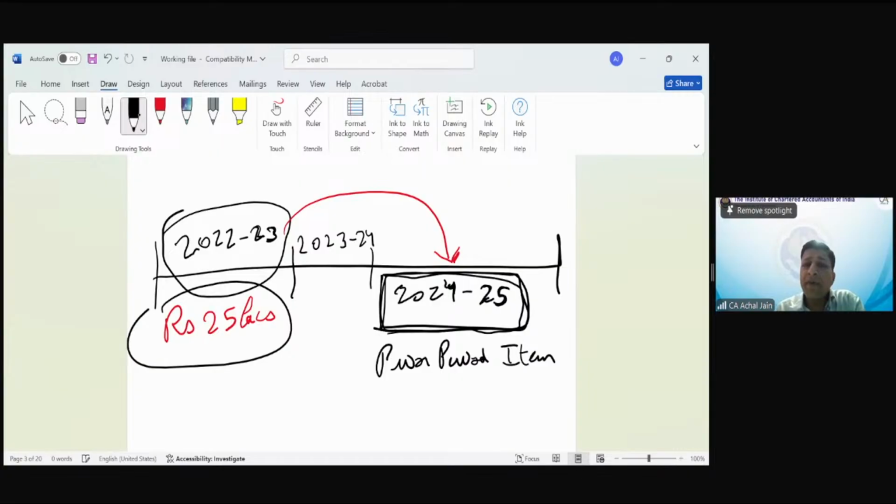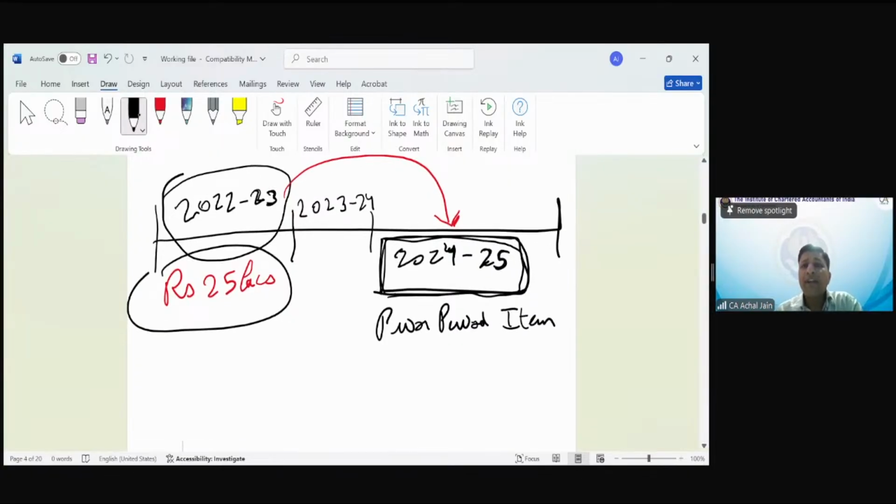Once again, when you record this prior period item in 24-25, there are two points you need to consider. One, this will have to be presented separately. There is a separate presentation requirement in the P&L for this.